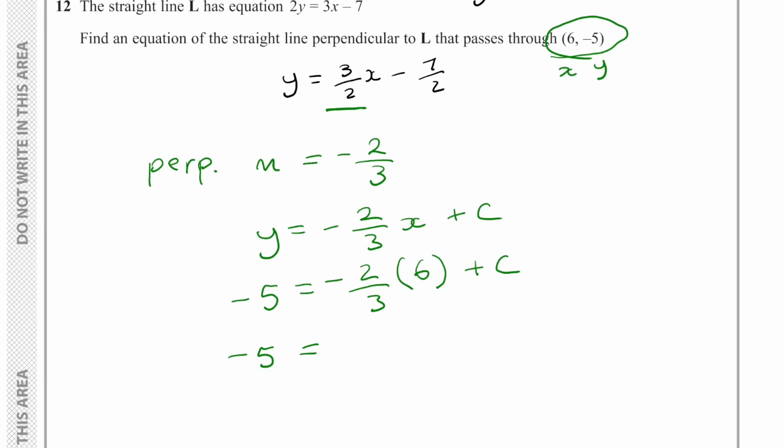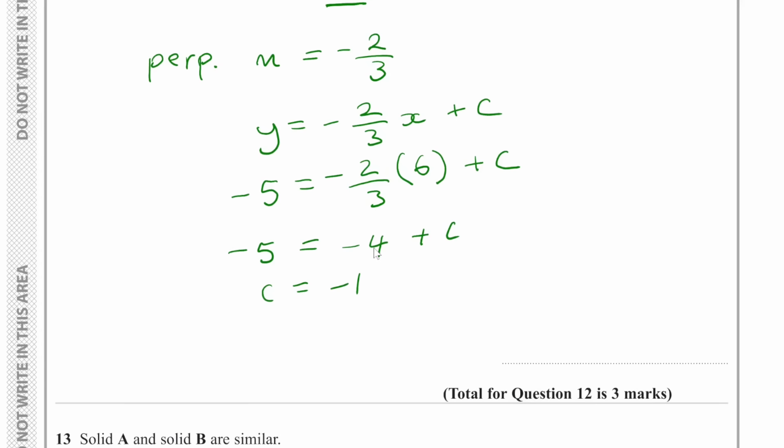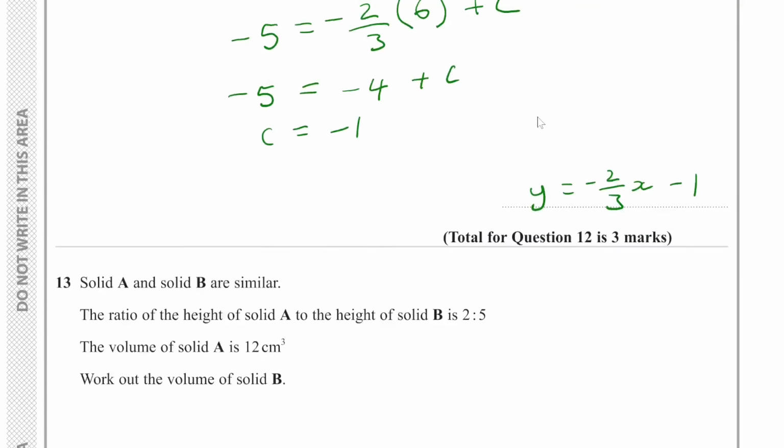If it's negative 2/3, it's going to be negative 4. Plus 4 to both sides, c is negative 1. Equation of our line is y equals minus 2/3 x minus 1 in the form y equals mx plus c.